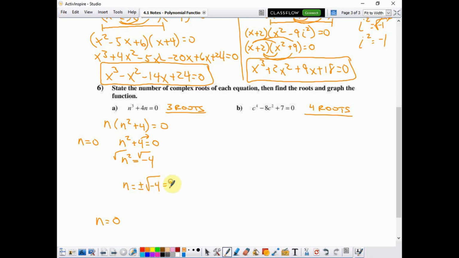So it's going to equal plus or minus the square root of 4 times -1. The square root of -1 is i. So it's i times the square root of 4. The square root of 4 is 2. So plus or minus 2i. So my other roots are 2 imaginary roots, 2i and -2i.